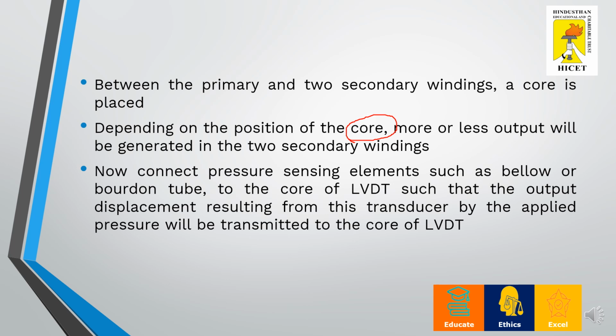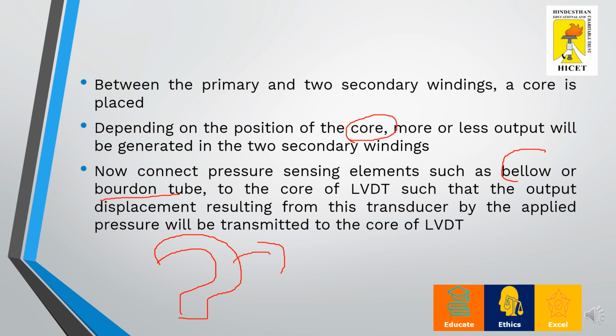So we have one recap on this construction part. So to sense a pressure, always a specific device or a specific instrument is required, and that is called a bellow or a Bourdon tube. So what is this bellow or what is this Bourdon tube? So this bellow or Bourdon tube is a kind of a tube which is in such a manner where you can apply a pressure.